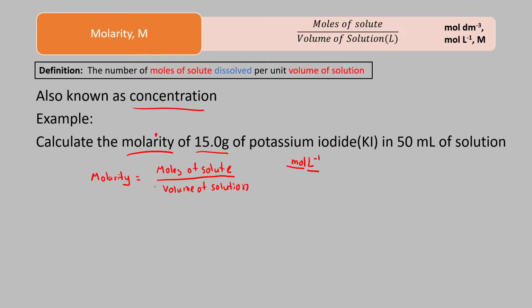Okay, so apa yang kita ada? So dia ada 15 gram of potassium iodide in 50 ml of solution. So we have mass. So mass nak tukar ke moles, ingat tak saya tu macam mana? How does mass kita tukar ke moles? Bahagi molar mass.